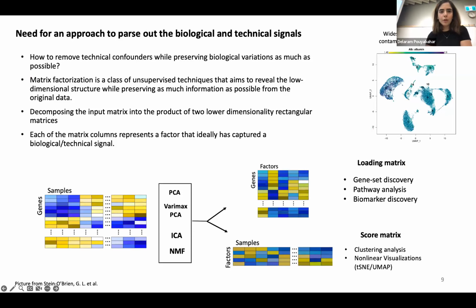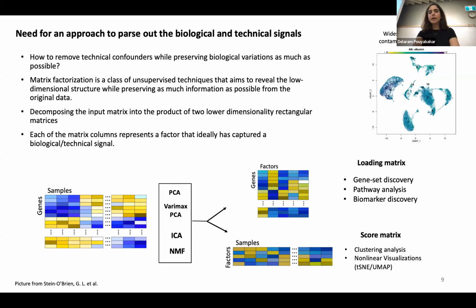Before talking about the method that we used, on the right, this plot shows the albumin expression over the map. Albumin is one of the main hepatocyte markers, and you can see that no matter what cell type you're looking at, there is a very high expression of albumin, which is caused by the ambient RNA contamination.